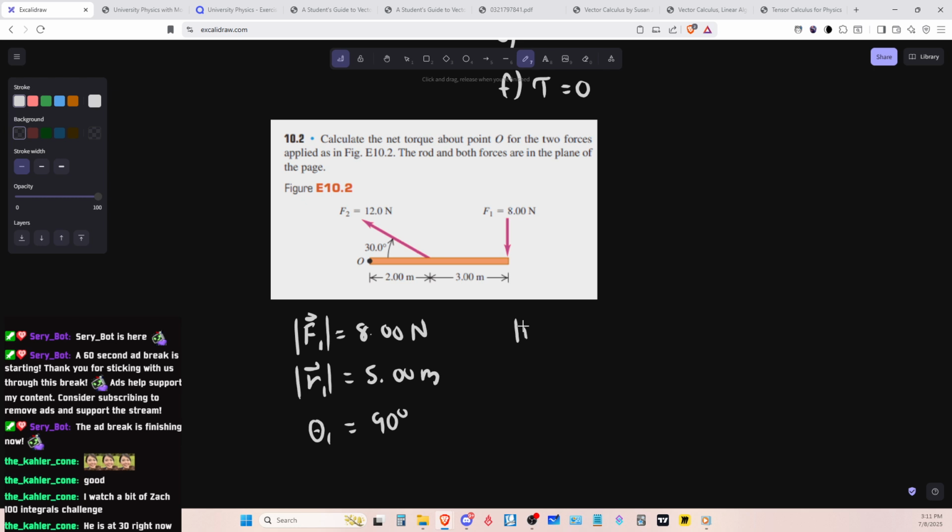For the second force, I think we're going to have to do these separately. So they want us to calculate the net torque on the point O. Okay, so what I'm guessing is that we're going to have to add all of these together, the different torque values we calculate. The force is 12 newtons, and the angle in this one is 30 degrees.